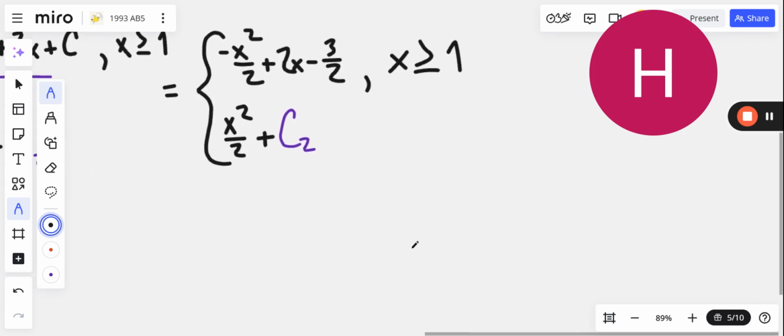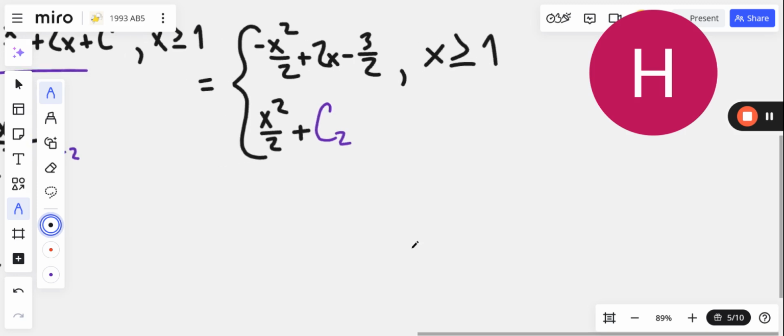And if it's differentiable and smooth, it's definitely connected. In fact, it doesn't even have to be differentiable for it to be connected, but the fact that it is differentiable means it definitely is connected. Okay, so let's set these things equal to each other. That means that x squared over 2 plus c2 also needs to equal 0. They need to equal the same point.